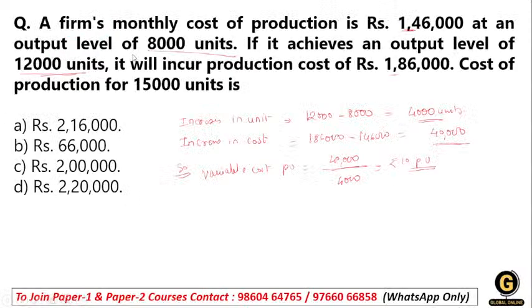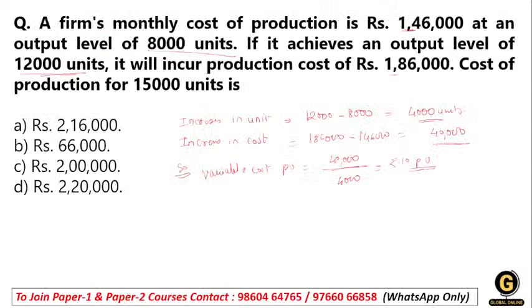Now you have to calculate the fixed cost. As given in the question, initially the units are 8,000 units. If they are producing 8,000 units, you have to multiply this by rupees 10, your variable cost per unit.